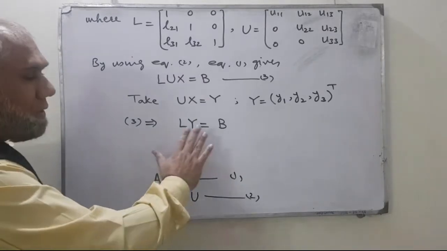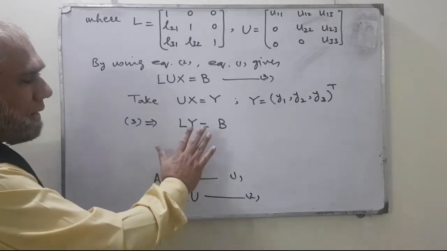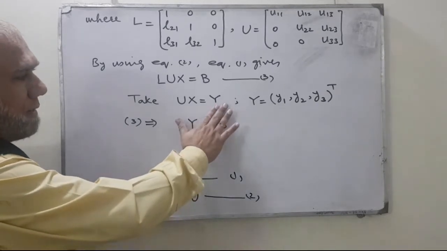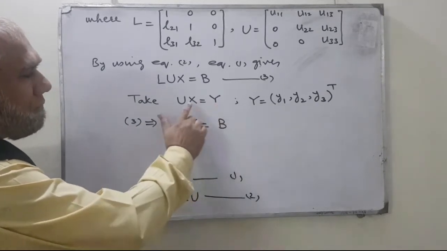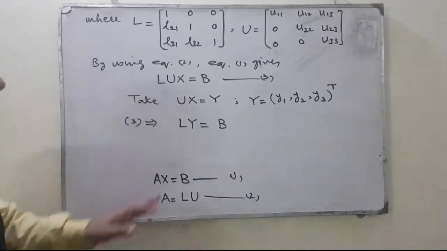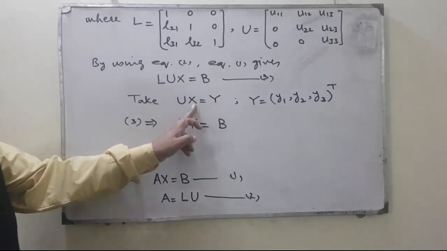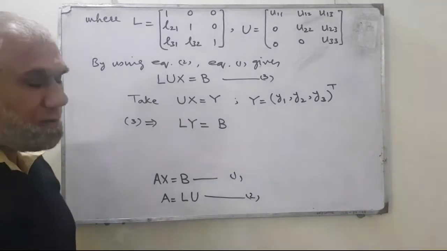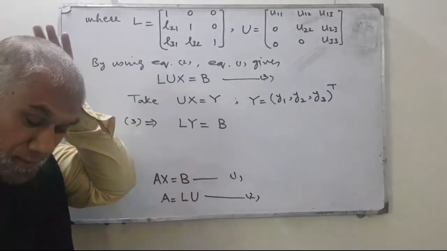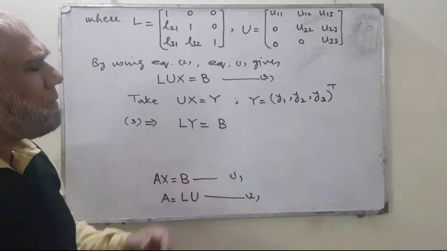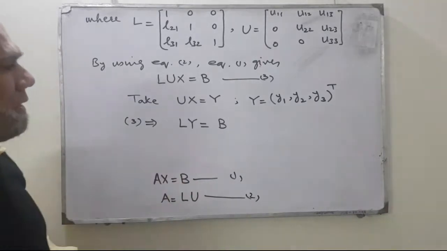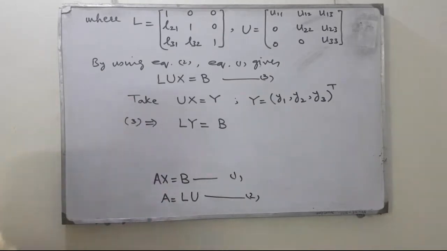From this equation we can find Y, and then after finding Y we can substitute it here and solve this equation for the unknown X. So from here we can find the unknowns X1, X2 and X3. So this is the brief description of the whole procedure, but definitely it is a bit confusing how we are actually getting all these things.